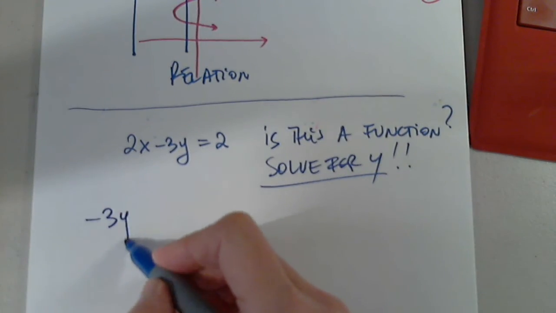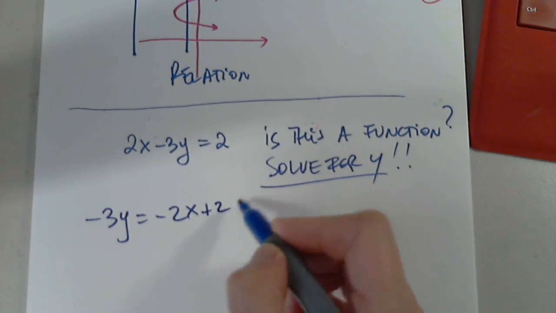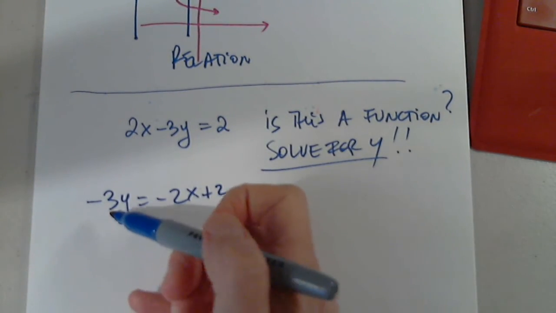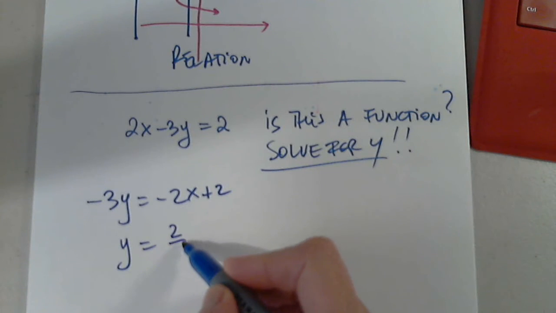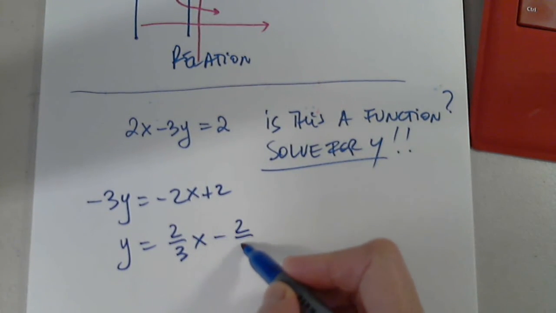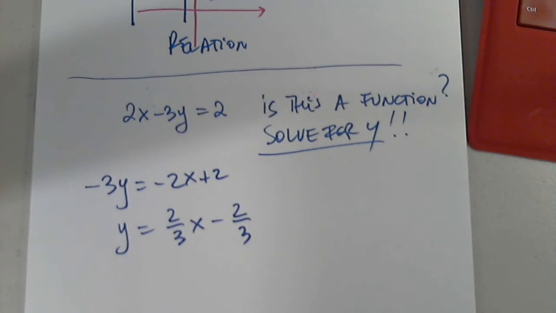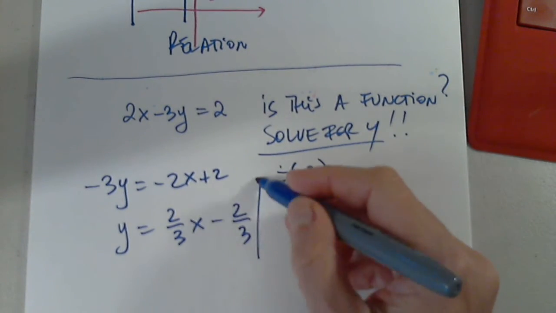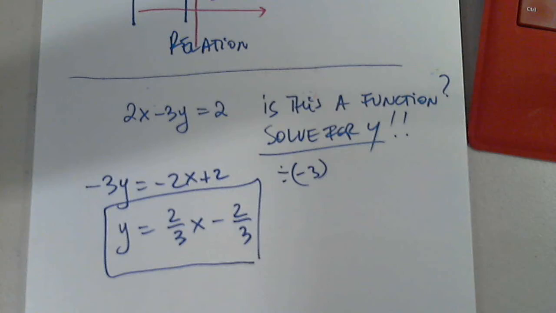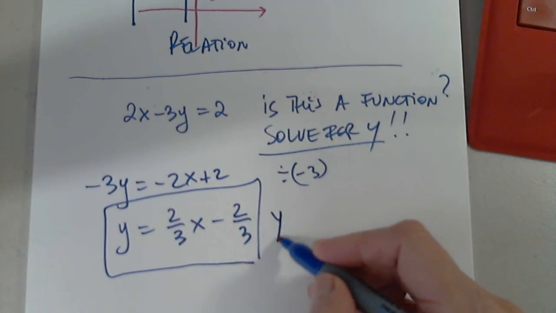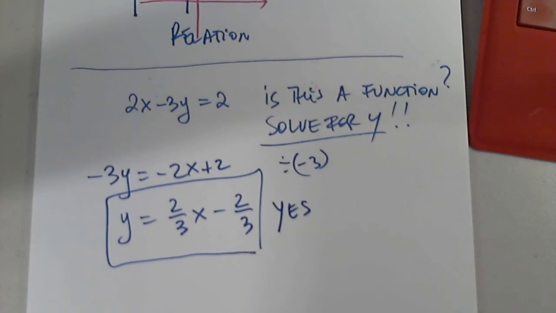I subtract 2x. I divide by -3. So here we divided by -3. Now I'm asking myself, is this a function? The answer is yes. How come?